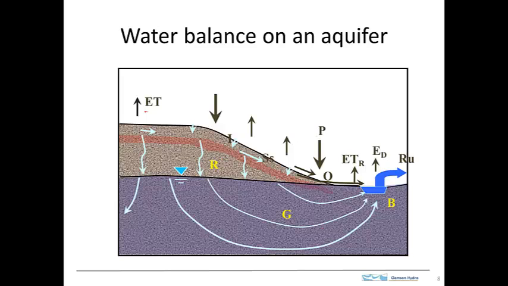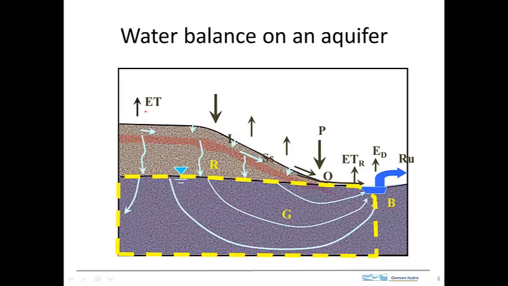So the strategy then will be to apply the control volume to the aquifer. There are a couple of ways that we can do that, but let's just say, for an example, that the control volume is right there. And if we do that, then that's the first step. That's our control volume.